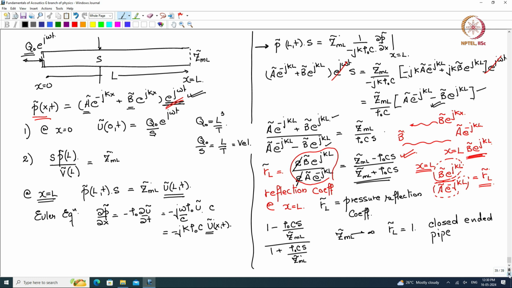Now, when we have ZML tending to 0, then we have minus rho 0 Cs on the numerator and rho 0 Cs in the denominator. So, this ends up as minus 1. Okay. So, this is called the pressure release condition.